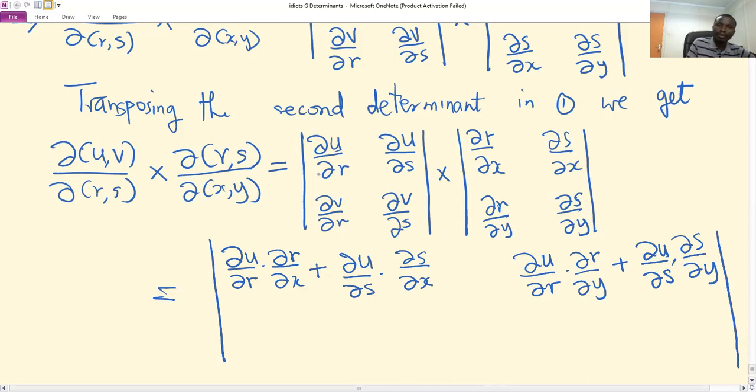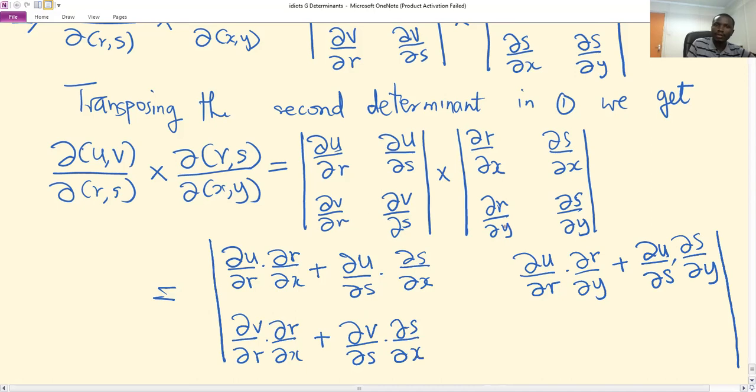Then partial v partial r times partial r partial x plus partial v partial s times partial s partial x.